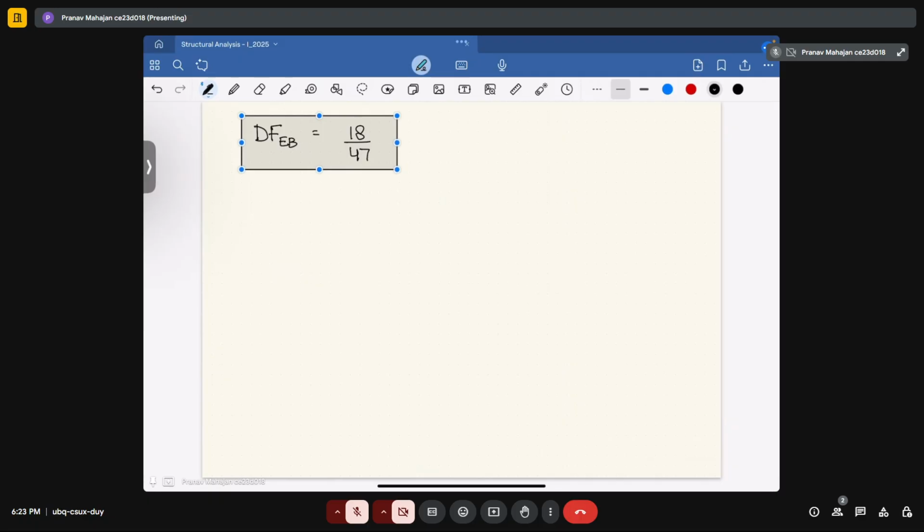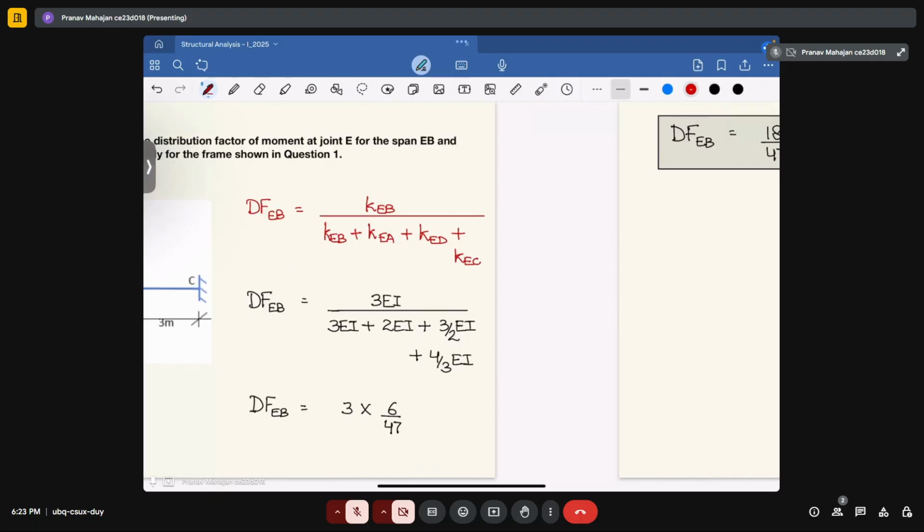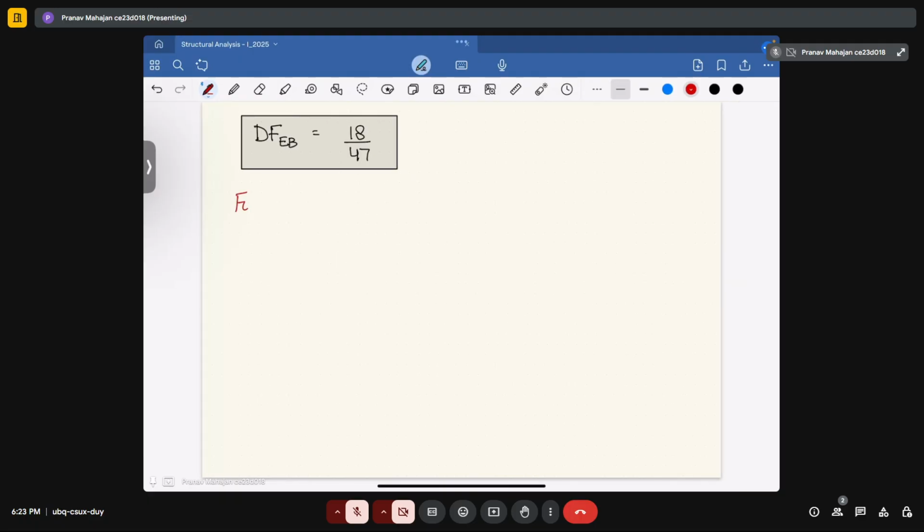Fine. So similarly, for the other span, which is your EC span, your DF of EC is equal to K of EC divided by K of EC plus K of ED plus K of EA plus K of EB.